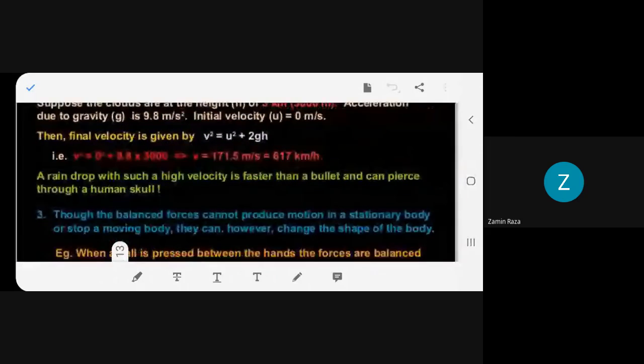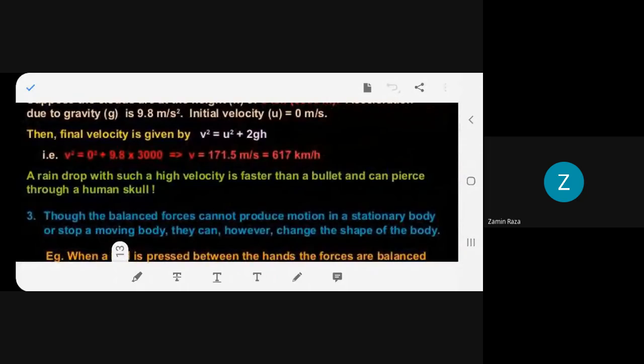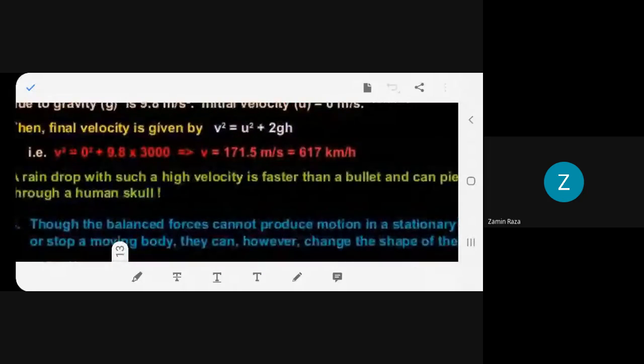So now we are going to put the values of v, u, g, and h. Let's see what it is. Read it, Rita.